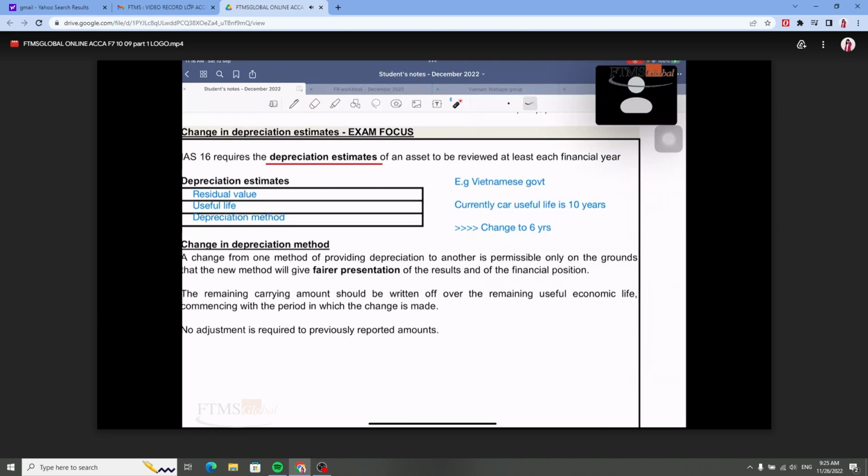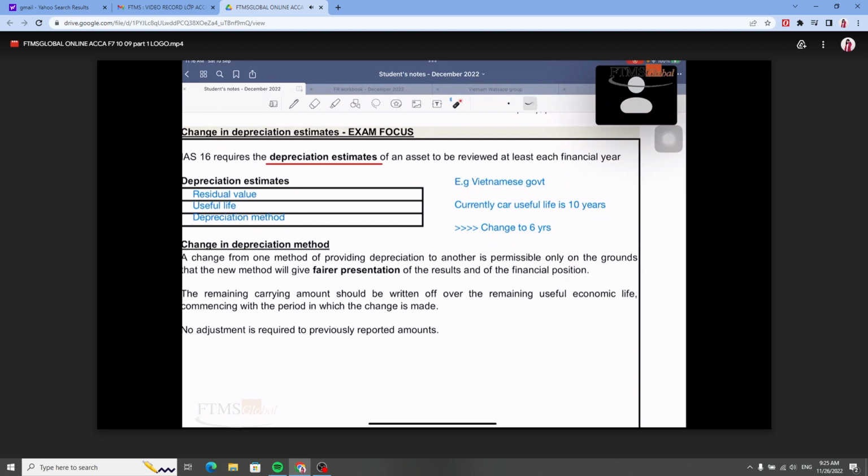If this happened to you, if there's a change in your useful life, you cannot say, oh, the government says change to 6 years, but I don't care, I still use my 10 years. You can't do that. You can't tell the Vietnamese government, I don't care, I prefer 10 years, I will not change to 6 years. So here I'm going to tell you what you need to do.